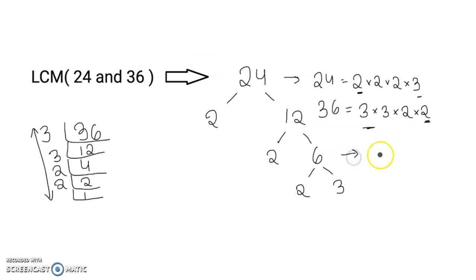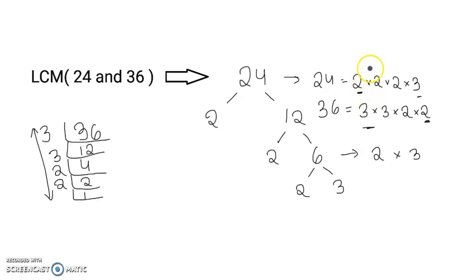So what you're going to do is 2 times 3. Next, you want to look at both of these numbers, 2 and 3, and see the most number of times they occur in both of these prime factorizations.